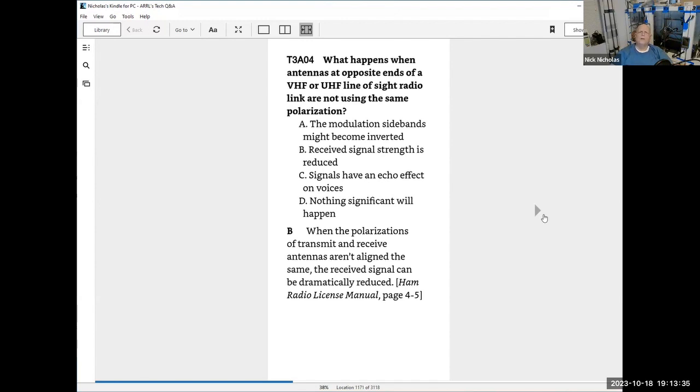T3A04, what happens when antennas at opposite ends of the VHF or UHF line of sight radio links are not using the same polarization? Well, if you're vertical and the other guy's horizontal, you're going to get some loss of signal strength. And you can think of it this way. Let me do this by stopping the show, and I'm not going to draw this.